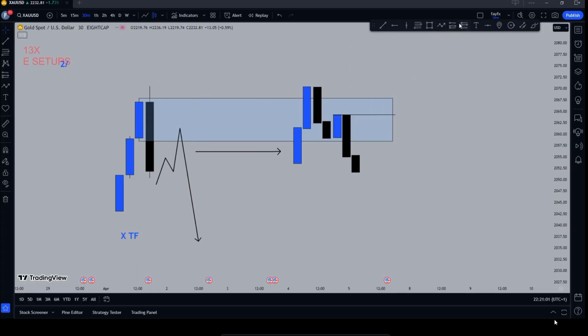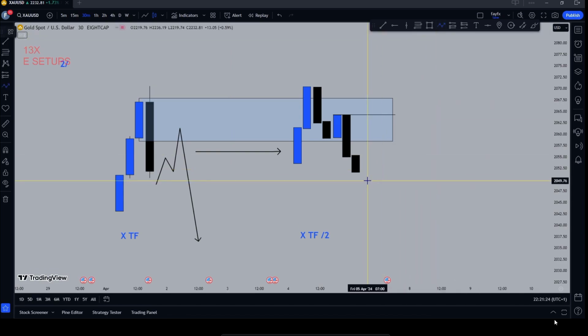This is an X time frame. This is X1 time frame more. This is the second type of engulfing. Remember, always use fresh engulfing candles.